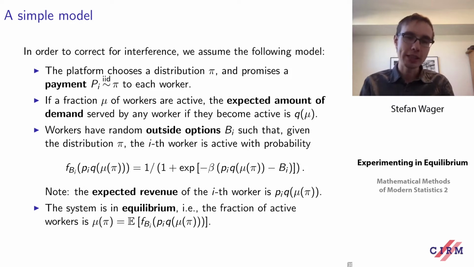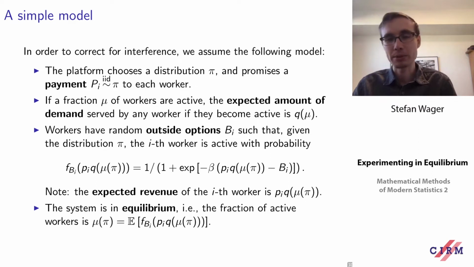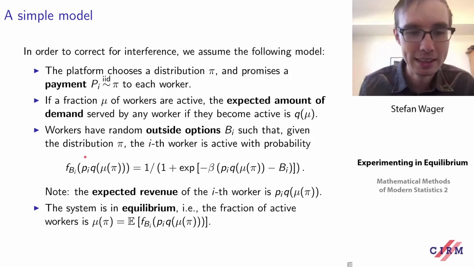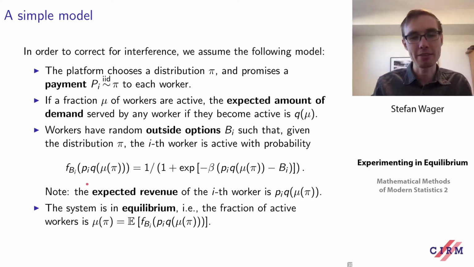There's always going to be a pool of potentially active workers. If a fraction mu of workers is actually active, then the expected amount of demand any given worker gets to serve is q of mu. This function q is going to play a key role in the analysis. Workers have a random outside option bi, such that given the distribution pi, the ith worker is active with probability fbi.